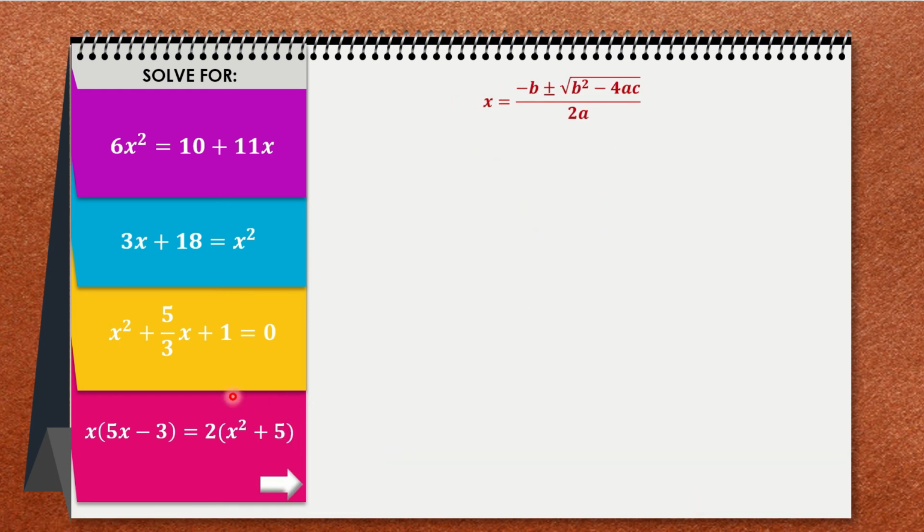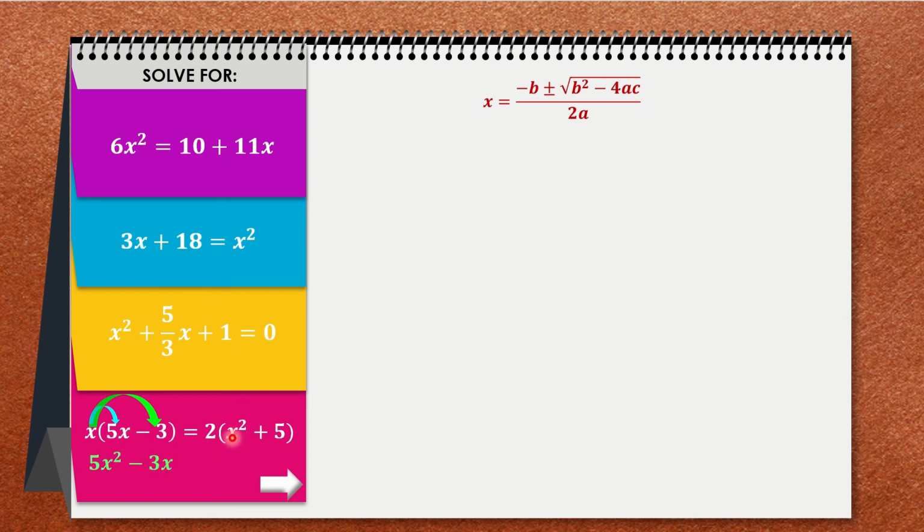We need to rewrite this equation in standard form. So to do that, we need to distribute x to the terms inside the parentheses here on our left. So we have x times 5x and x times negative 3. That is 5x squared minus 3x.